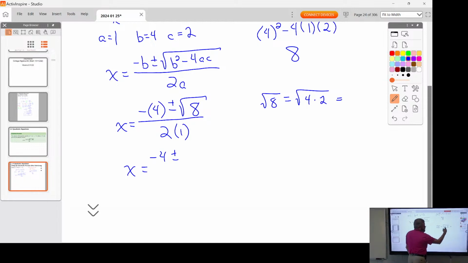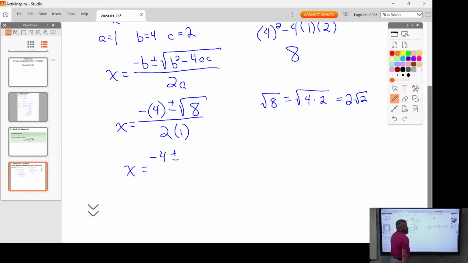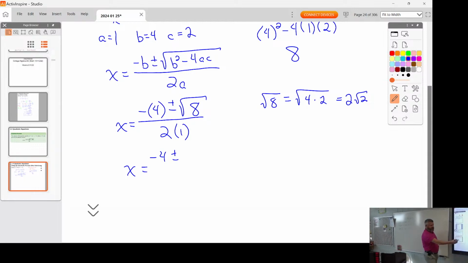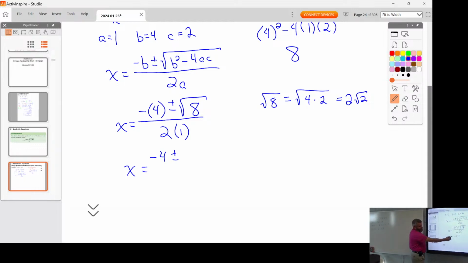And the square root of 4 is 2, and the square root of 2 is the square root of 2. Okay. I don't have to worry about the plus or minus because it's kind of part of the formula. So negative 4 plus or minus 2 square root of 2 all over 2.